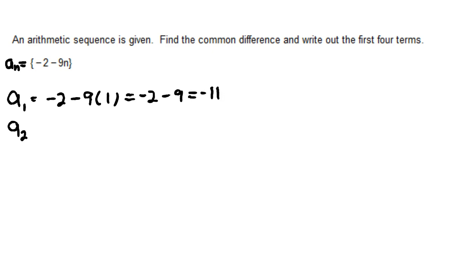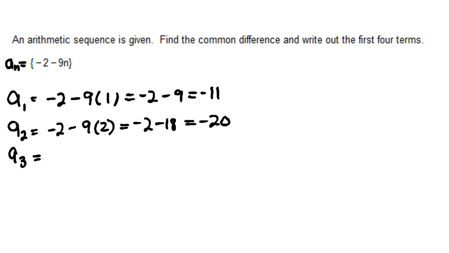The second term of our sequence will be given by substituting a 2 into our expression. It's negative 2 minus 9 times 2. That's negative 2 minus 18, which is negative 20. Our third term of the sequence we get by substituting a 3. That's negative 2 minus 9 times 3, which is negative 2 minus 27, and that's negative 29.